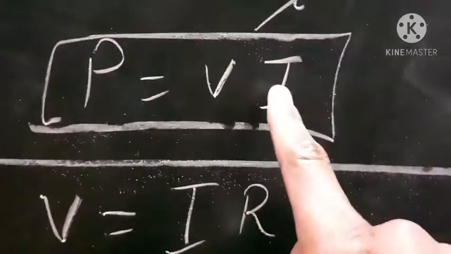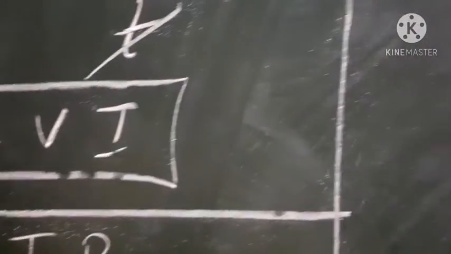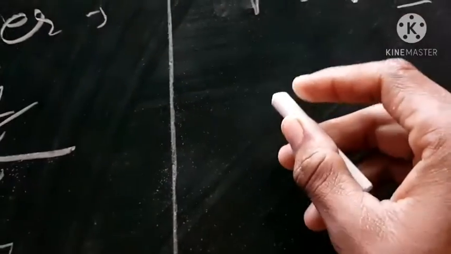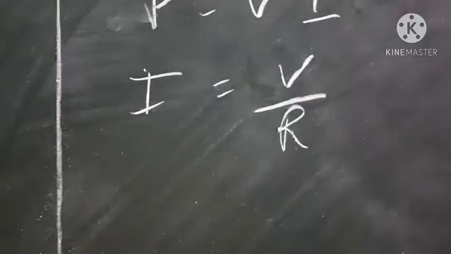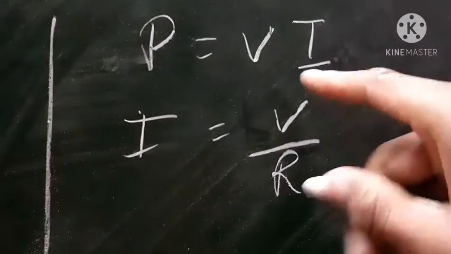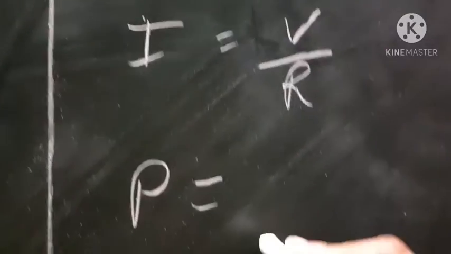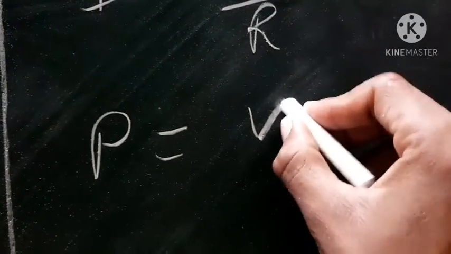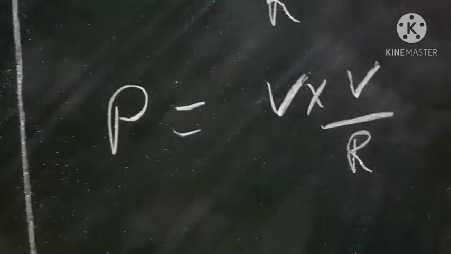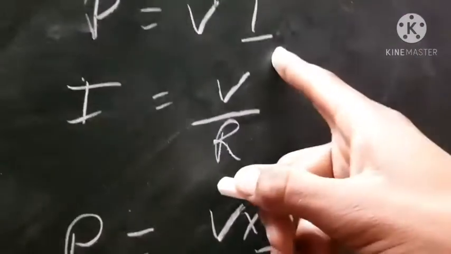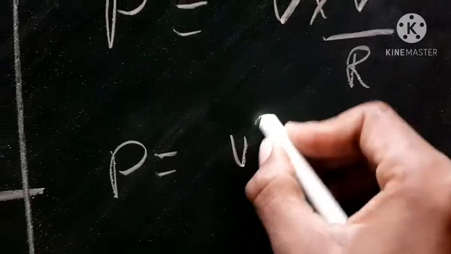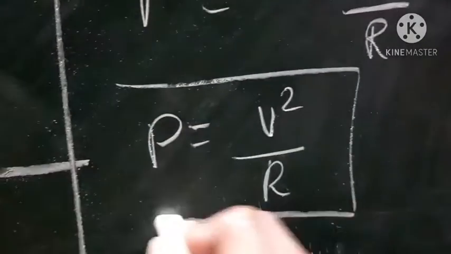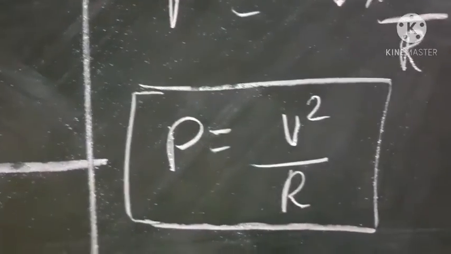Now, if we place here the value of I, what will happen? As we know, power is equal to V into I, and I is equal to V by R from Ohm's law. On putting this value in this equation, power is equal to V into V by R, because we put V by R in place of I. So now power is equal to V square by R. This is the fourth formula of power.